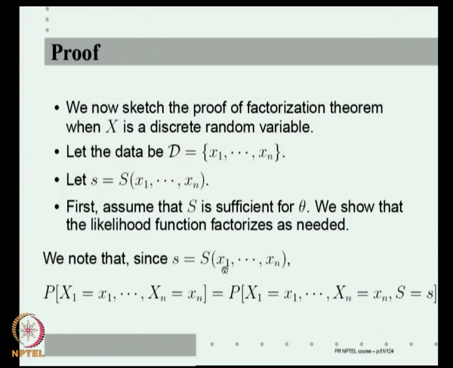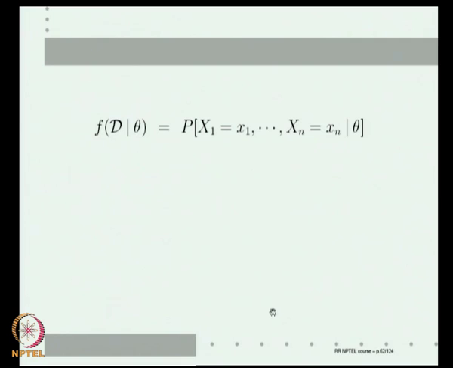So, if X1 takes value little x1, Xn takes value little xn, this function takes value s. So, the event that X1 equal to x1, Xn equal to xn is subsumed by the event that S is equal to s. So, whether I add this S equal to s, the probability does not change. Okay. This is something worth remembering, which is needed in the proof again and again.